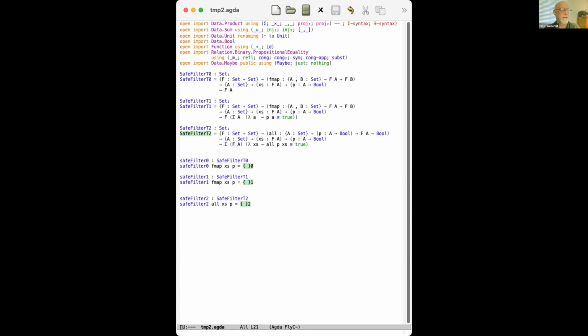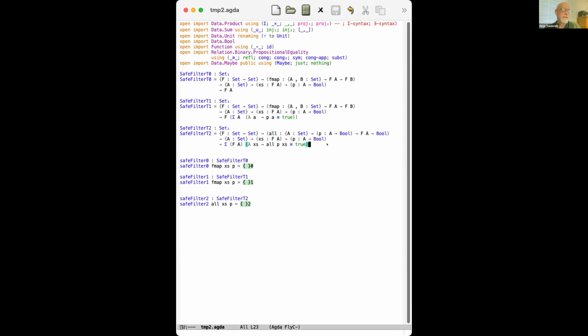This safe filter 2 is the one I was suggesting earlier, where we return the whole list, F of A, and then we return a proof that every application of P to X is true. I cheated there and just took in a function all that computes that.